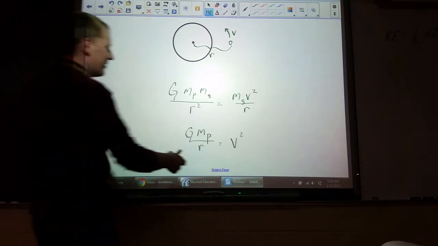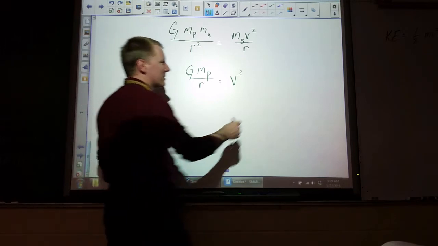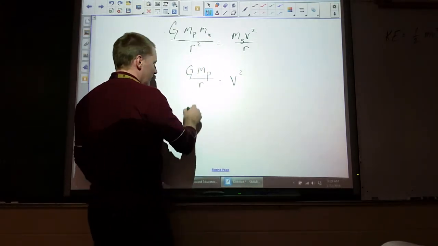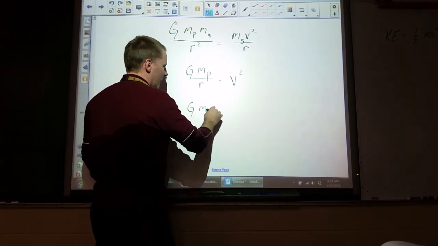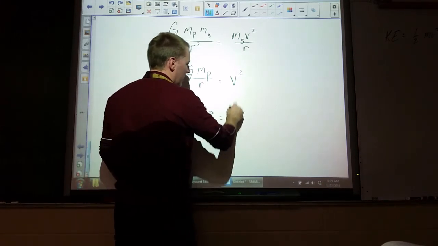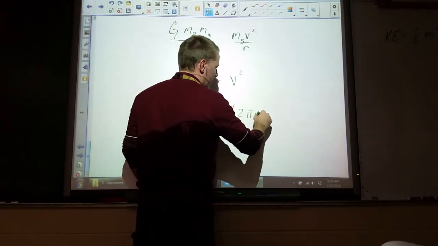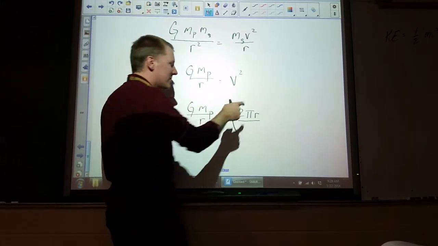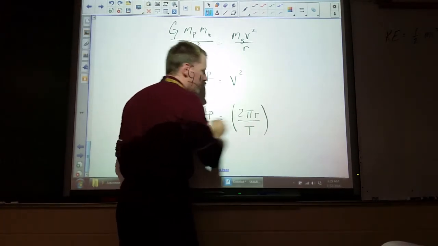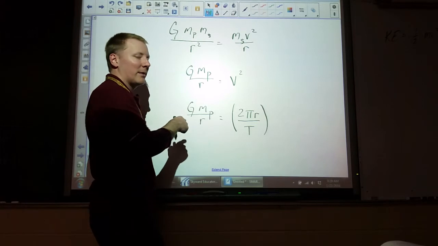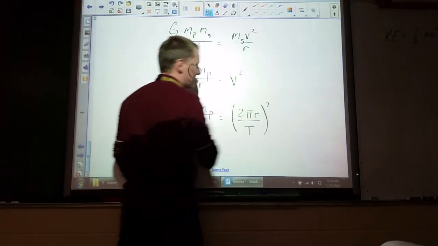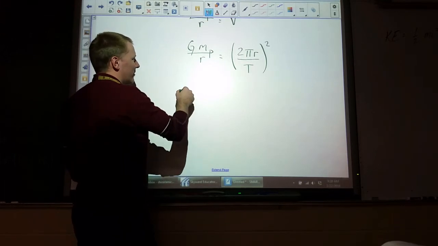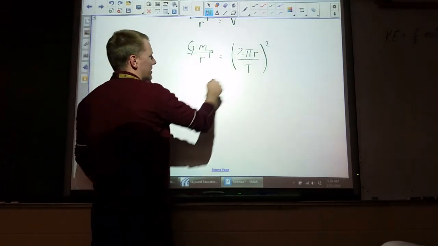The circumference is going to be 2 times pi times the radius. So we have 2 pi times the radius, and then for the velocity, we have to divide that by the time that it takes to do that, which we call a period, abbreviated with a capital T. This is still squared. And then the last step would be to take the square root of each of those and solve for T.